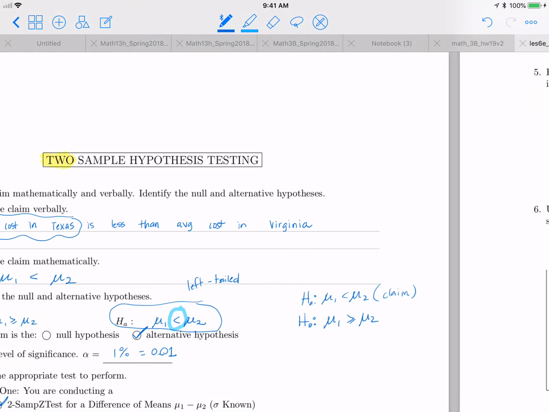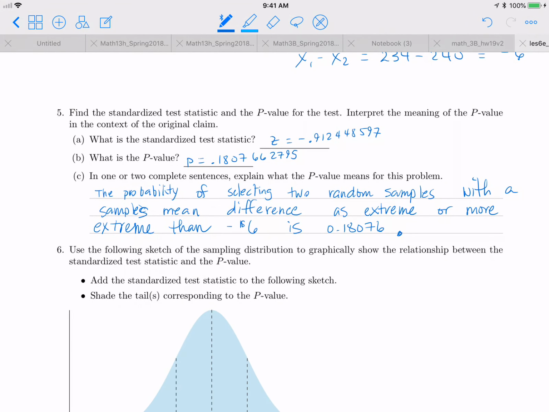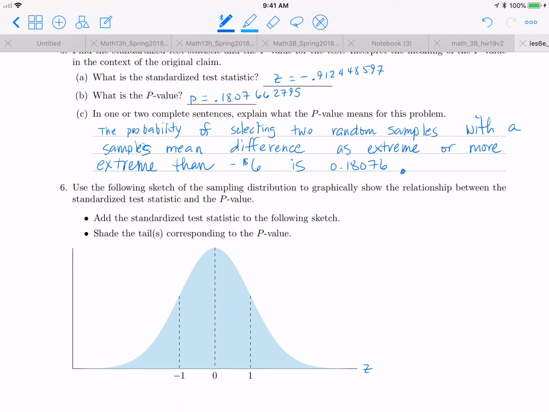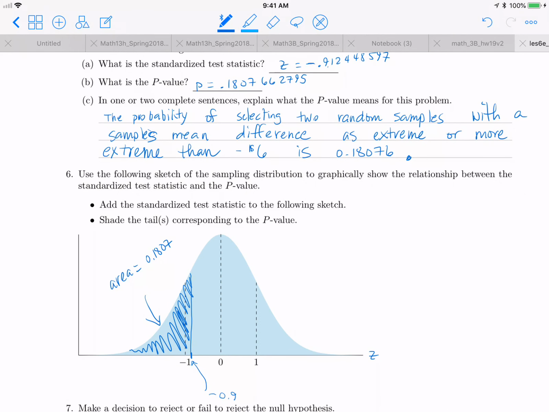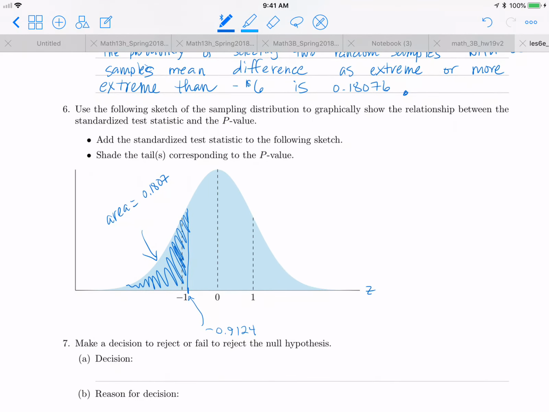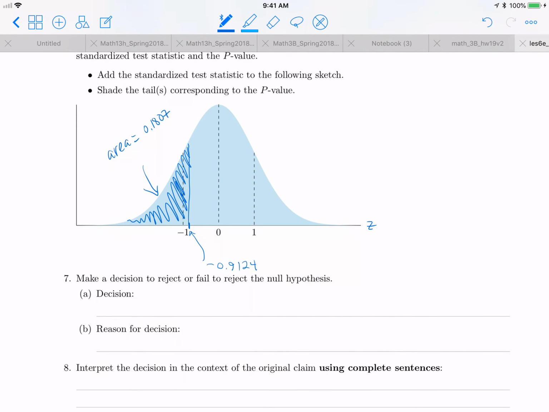Our standardized statistic here is negative 0.9124. So it'll be like right here. And now this area equals 0.1807. Okay. And that value is negative 0.9124.